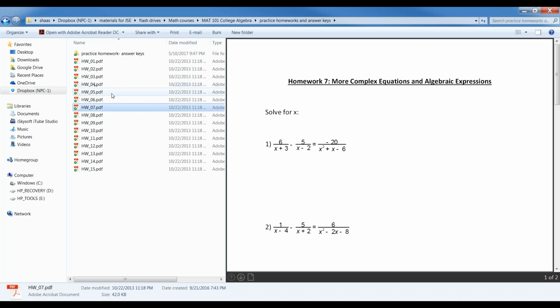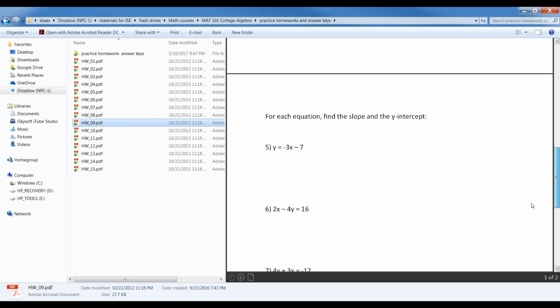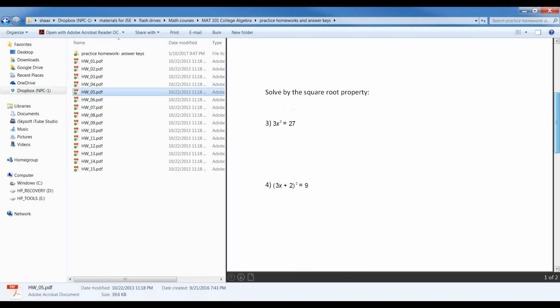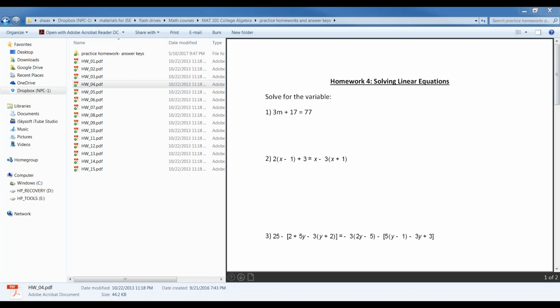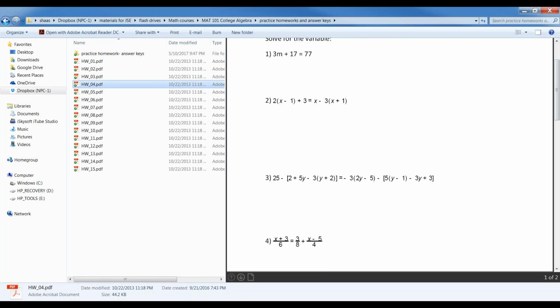Then we have, of course, the homework and practice homeworks and answer keys. For each of these 15 different sections, we've got a practice homework. Many of these questions are harder questions than you're going to find on the actual exam. For example, on homework number 4, on solving linear equations, we have a whole bunch of these questions over here, and a question like this, number 3, is an enormously complicated question.